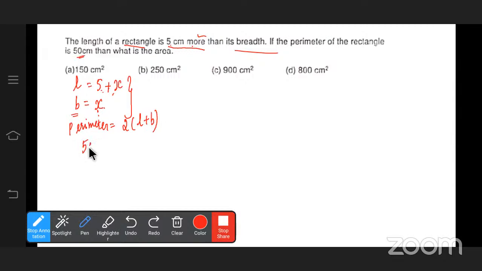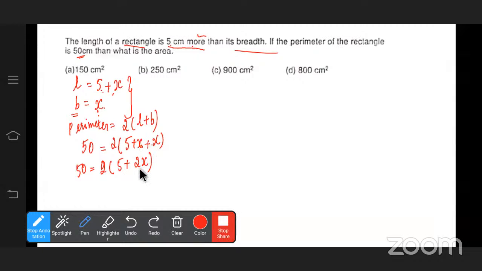So I'm going to put 50 here, equal to 2 into, what is the value of L? 5 plus x, plus what is the value of B? x. So 50 is equal to 2 into 5 plus 2x, right? x plus x is 2x.